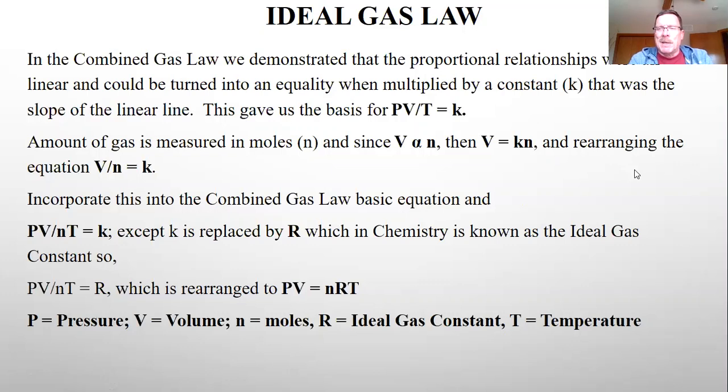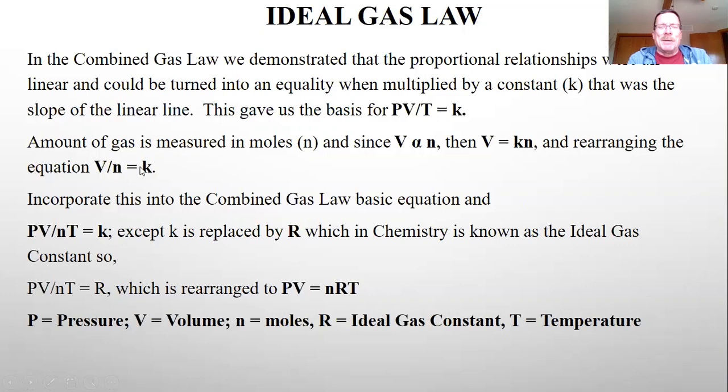And as we just saw with Avogadro's law, the volume is proportional to n, the number of moles. That's the letter they use for moles. So the volume is equal to k times n, or if we rearrange for k, it's volume over n. Now compare that to what we already had and stick it in there.